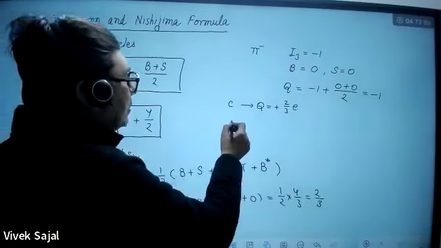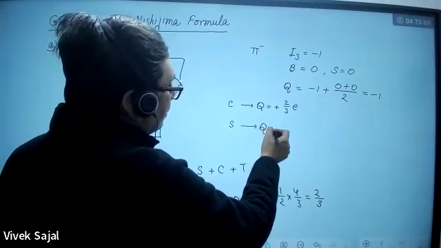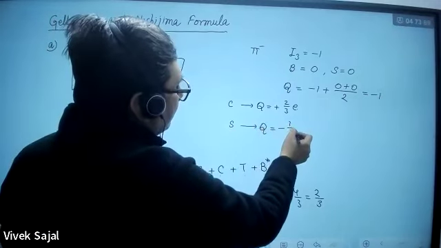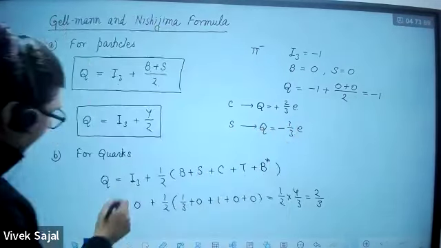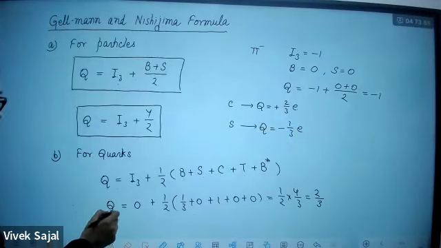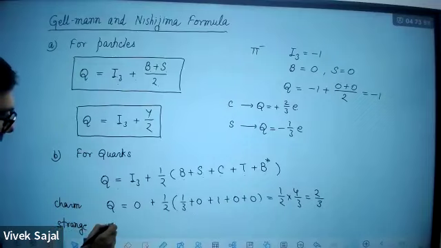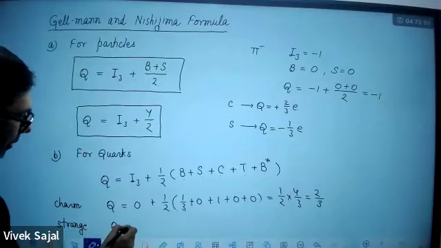If you took strange quark, then you know that on the strange quark Q is minus 1 by 3 e. So write these numbers for strange quark here. This was for charm quark; here I'm writing for strange quark. What will be Q for strange quark?